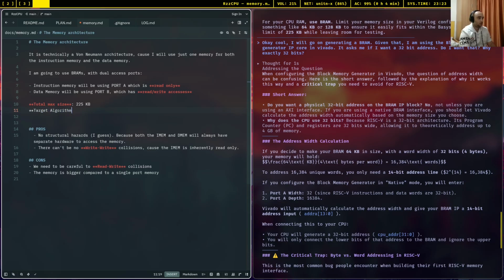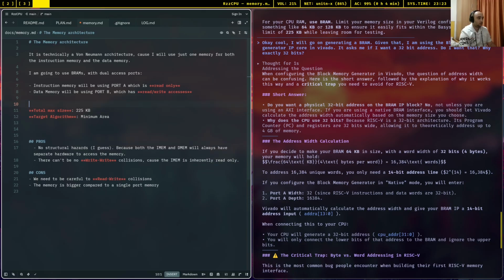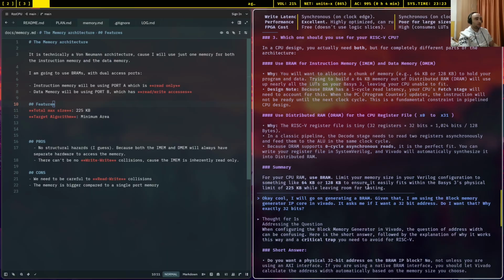Target algorithm, minimum area. Okay. Then, yeah, let's see if it works.